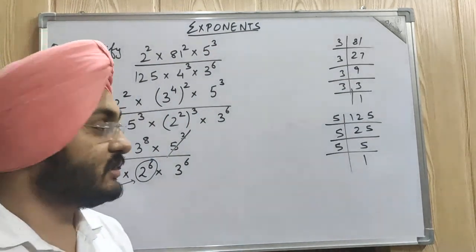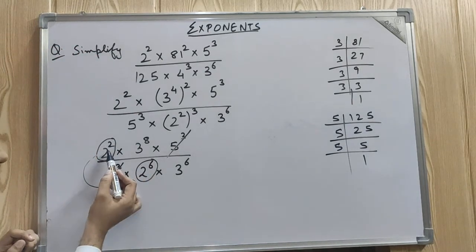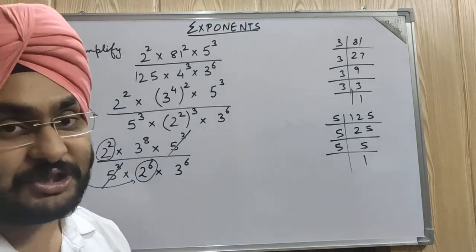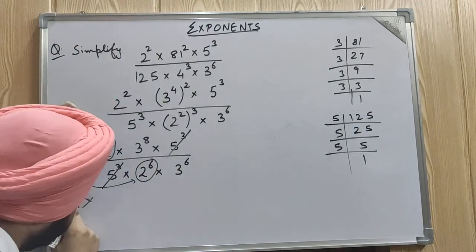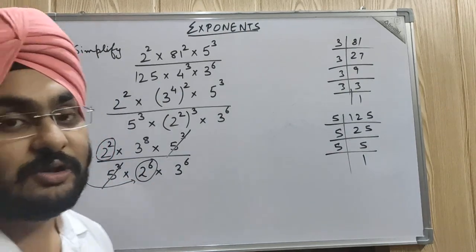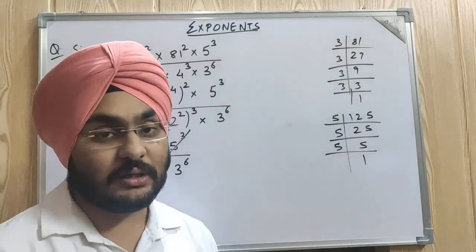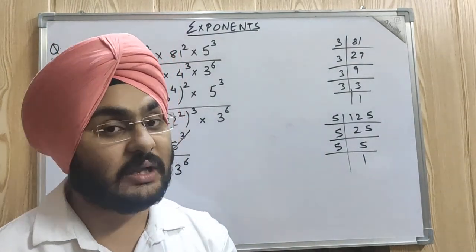Why am I doing this? Always keep in mind, take the smaller power to the other position. If the smaller power is in the numerator, we'll be shifting it to the denominator. So in this way, no negative exponent will come.